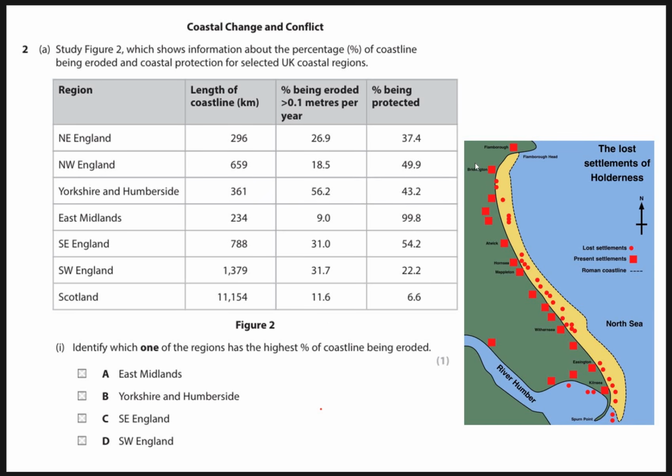So, giving you the option here on the right hand side, it's Yorkshire and Humberside, but the key point here is just to make sure you're not overwhelmed by lots of data, make sure you're picking the right data. So that's this one here. Yorkshire and Humberside, and of course this is the Holderness Coast.